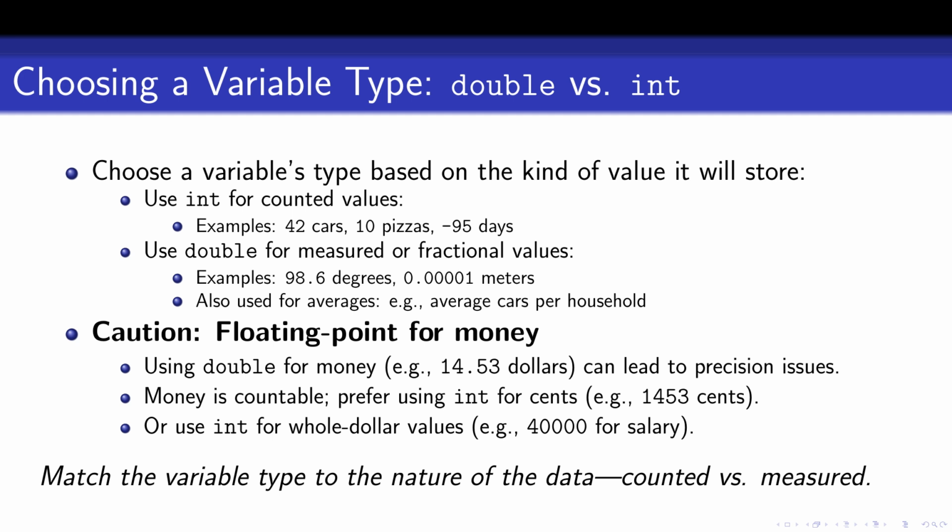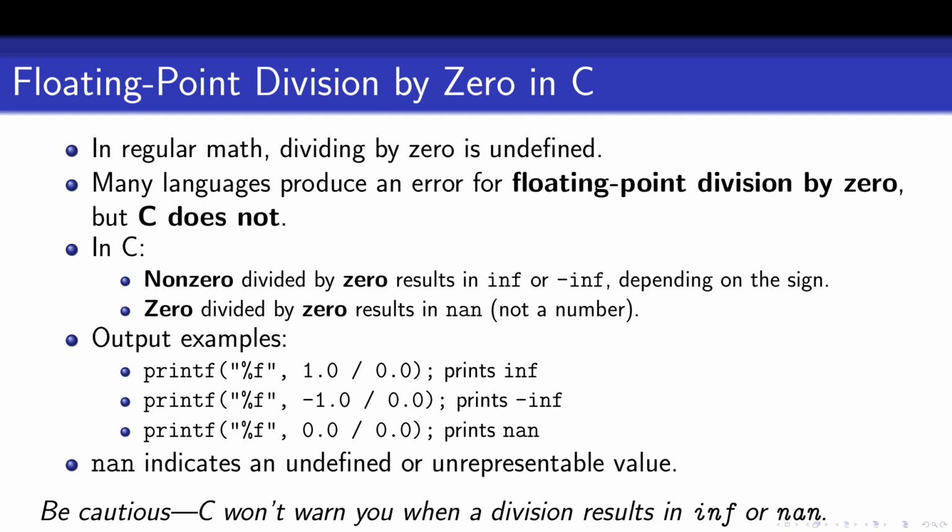matters. What happens if you divide a floating point number by 0? Unlike integer division, which crashes the program with a runtime error, floating point division in C doesn't cause an immediate crash. Instead, it returns a special value. If you divide a non-zero number by 0, C returns inf for positive infinity or negative inf for negative infinity, depending on the sign.